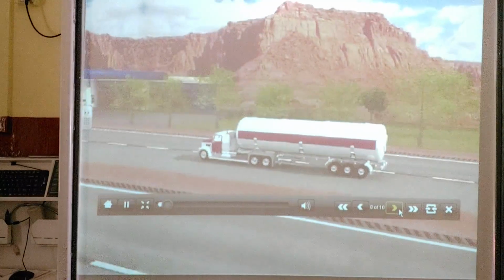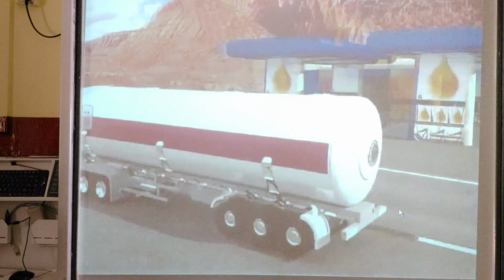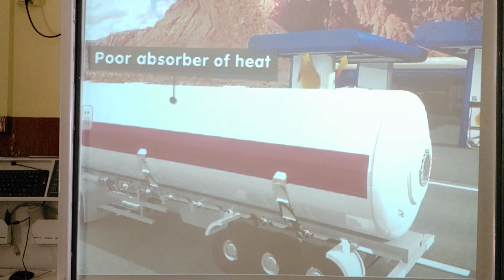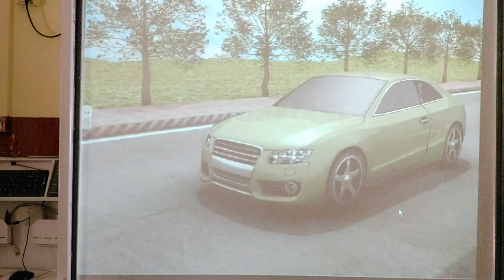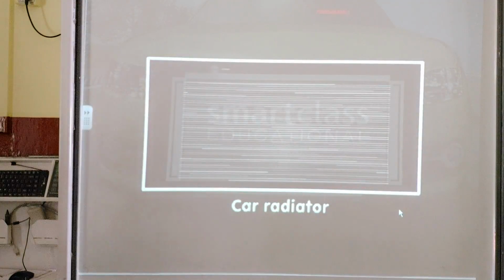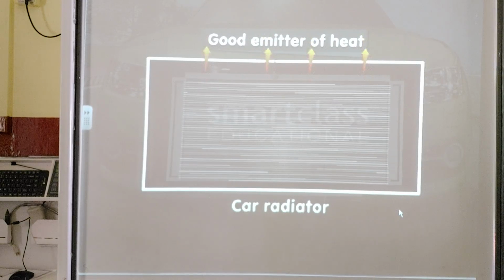You might have observed that tankers carrying flammable substances like petrol are painted white. This is because white color, being a poor absorber of heat, prevents flammable substances from catching fire. A car radiator is black so that it can radiate heat from the engine to the outside.